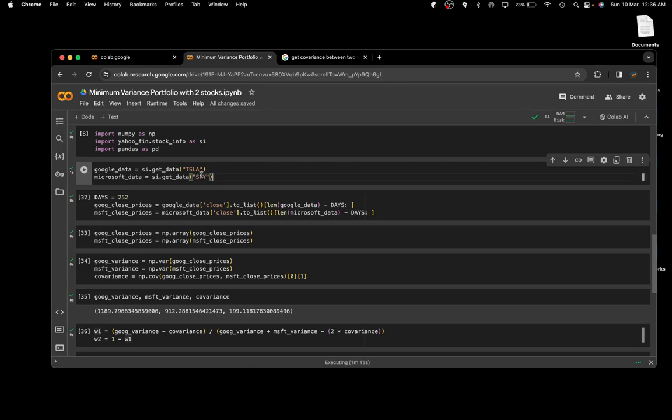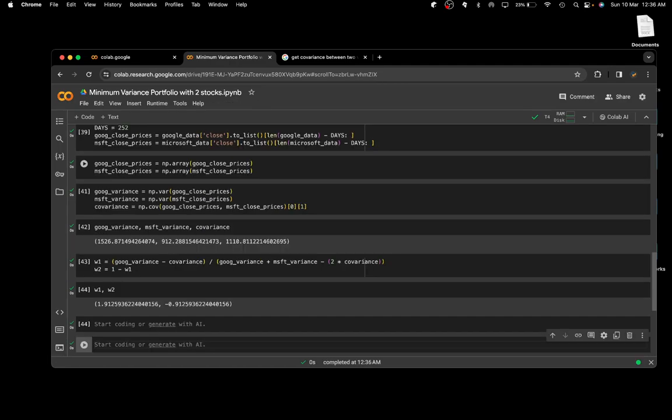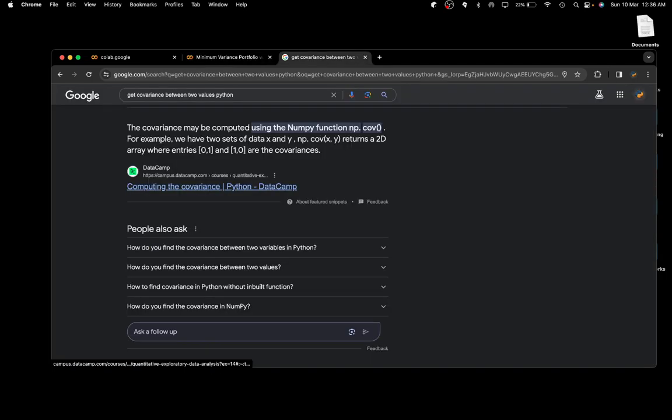So if I compare SPY and Microsoft, effectively what's happening is I'm getting weight 1 to be like 1.9, a big value, which really shouldn't be the case. Right, you know what, the only place that I could have screwed up is the covariance function.